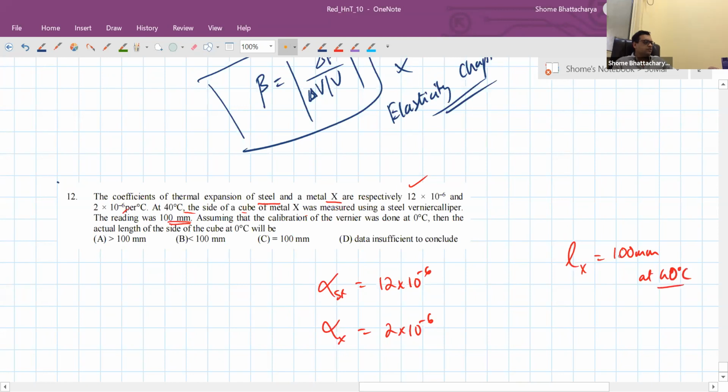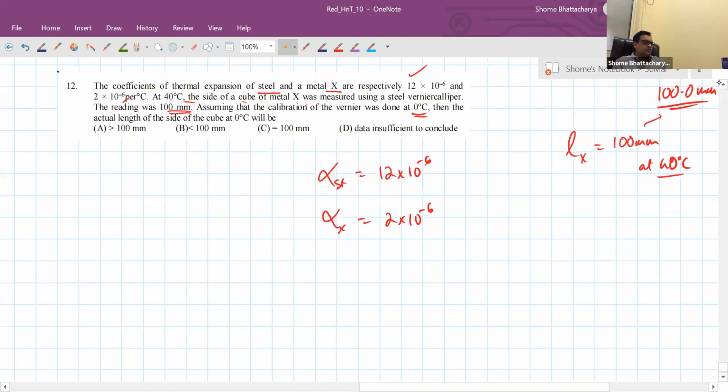If you used a vernier caliper, then you would probably measure it as 100.0 millimeters, because the least count of a typical vernier caliper is 0.1 millimeters. Anyway, so assuming that the calibration was done at 0 degrees C, then the actual length of the scale was how much?